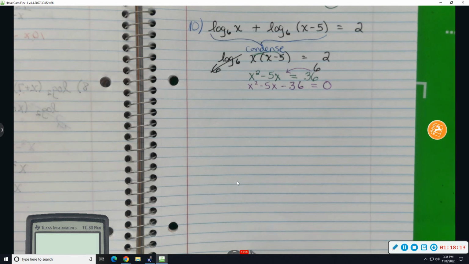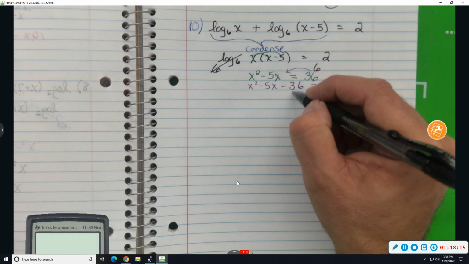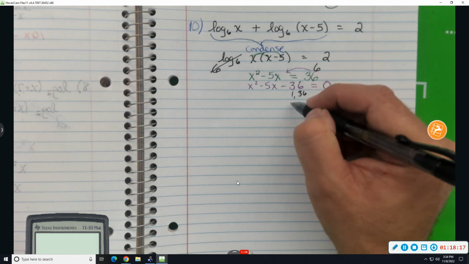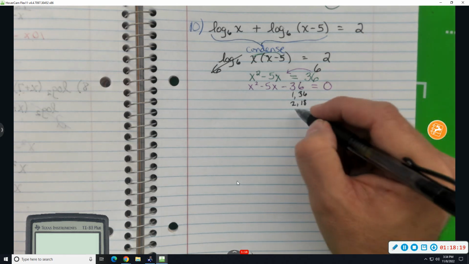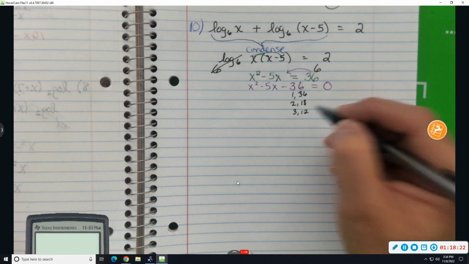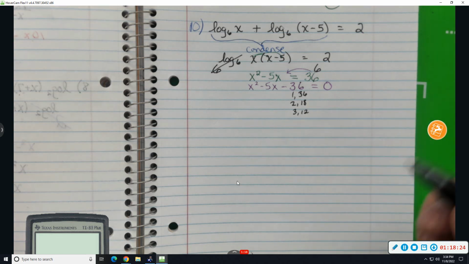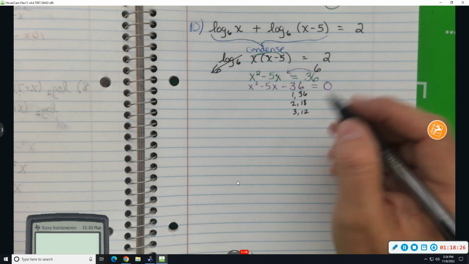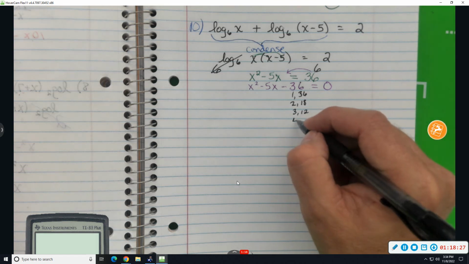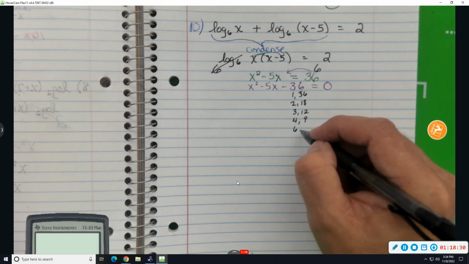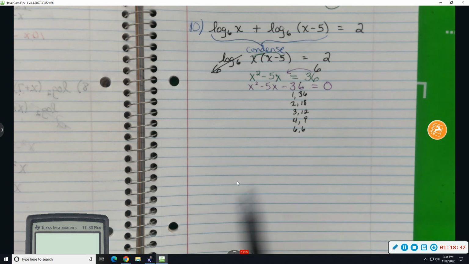What numbers multiply together to give 36? There's 1 times 36, 2 times 18, 3 times 12. If I call out the pair that's going to work, let me know. 4 times 9 and 6 times 6. 4, 9.